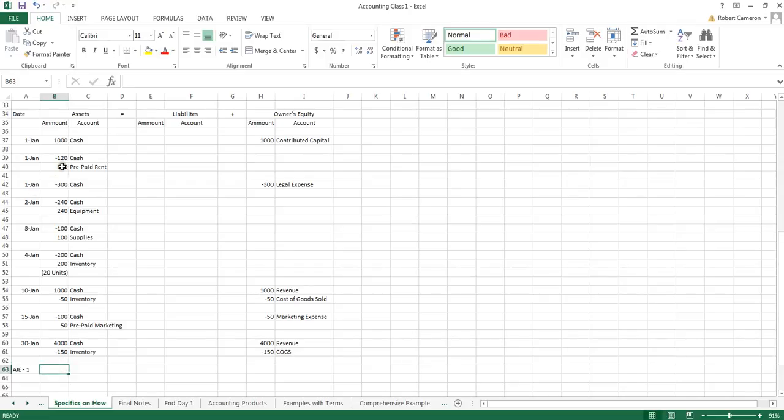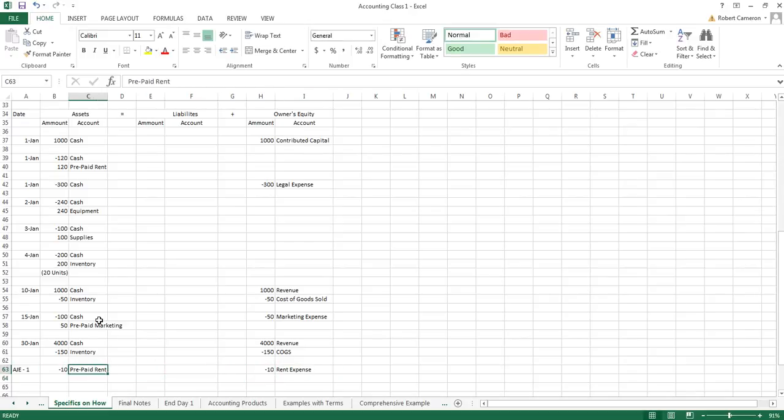I hope you realize, I set this up so 12 months in a year, so $10 a month. So -10 in prepaid rent, because prepaid rent is going down since we actually used $10 worth of it, and -10 rent expense. Bam. That's the first adjusting entry.